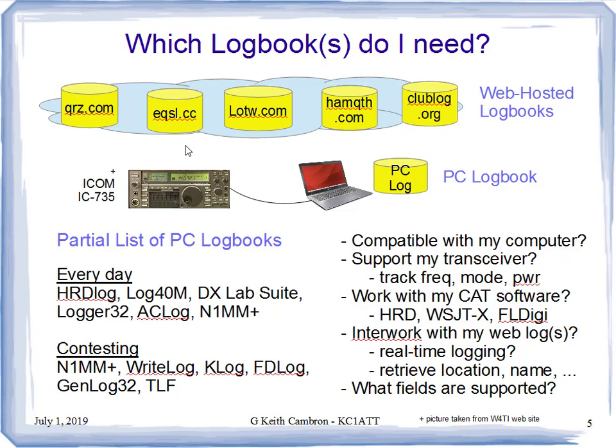It has over 300,000 registered users, and it's used by the international crowd as well as the North American operators. Logbook of the World is the logbook that's operated under the auspices of the ARRL, so a lot of North American operators use Logbook of the World.